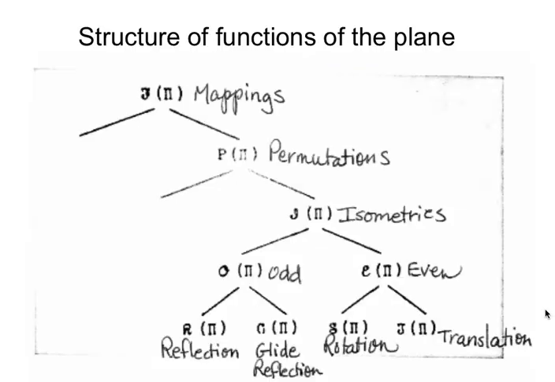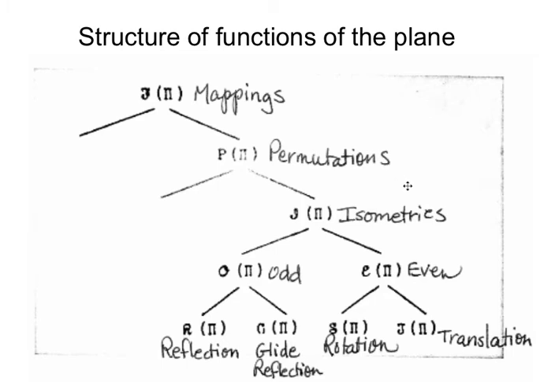The structure of the transformations that we've discussed are pictured here. The first heading is all the mappings of the plane. Okay, a mapping is a function. Under mappings, I have permutations. Remember, permutations are mappings that are both one-to-one and onto.